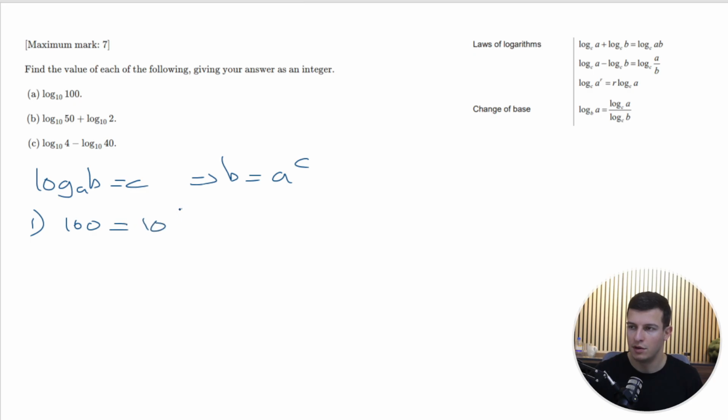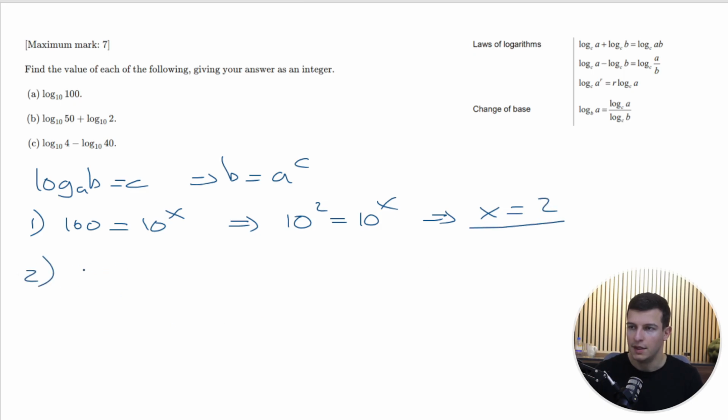We don't know our c, which is x. So, 10 to the power of something equals 100. What is that something? That something is 2. You don't have to guess it. You can also write 100 as 10 to the power of 2, equal to 10 to the power of x. And from here you know that x needs to be 2.